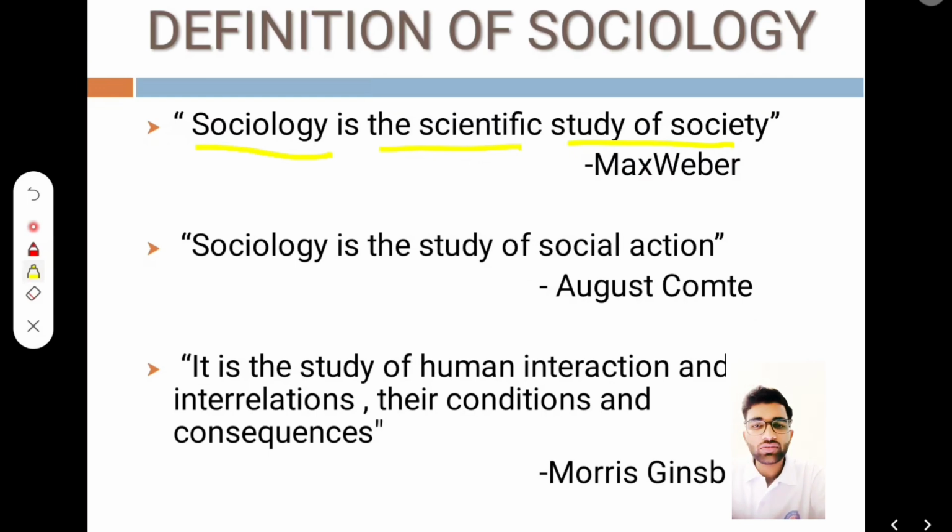Next, we'll come to Auguste Comte. According to this sociologist, sociology is the study of social action. Next, we come to Morris Ginsberg. It is a study of human interaction and interrelations, their conditions and consequences.